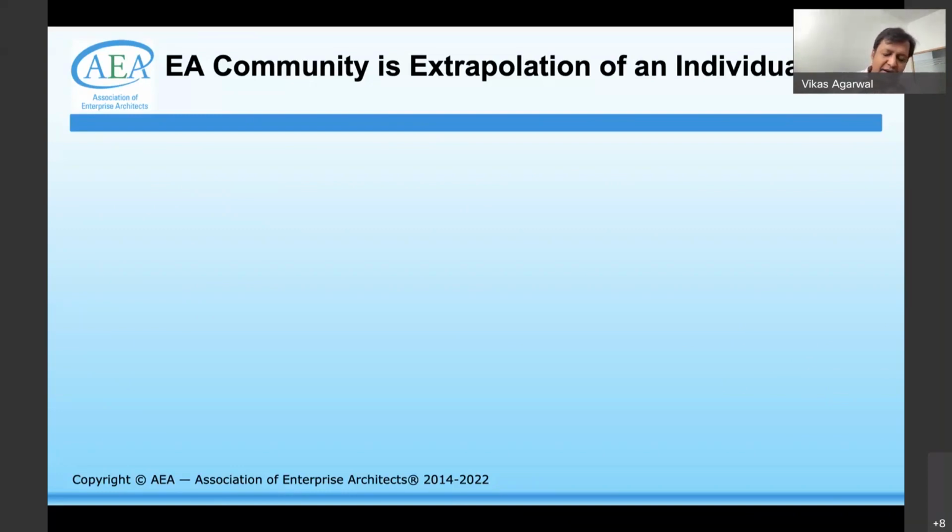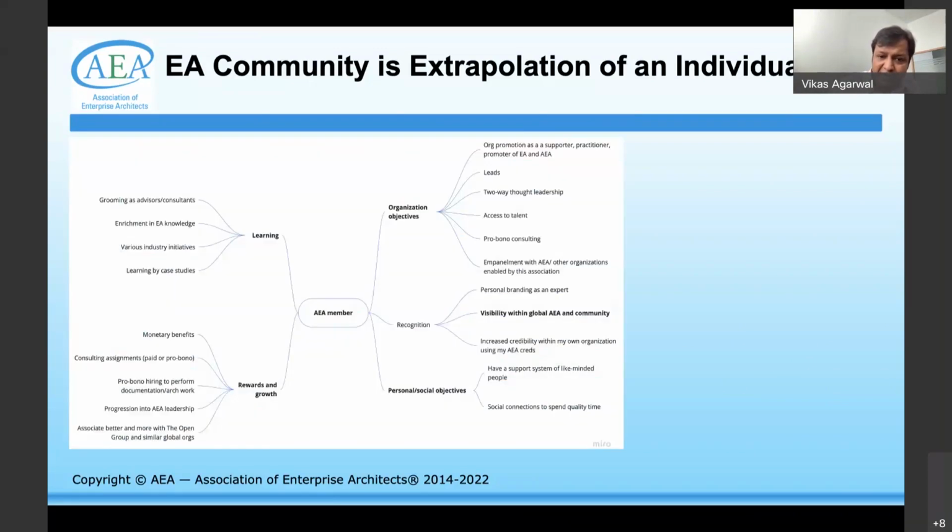To understand that, what we did, like I said, was conduct several webinars, workshops, focus groups and surveys. We found there were several things that the objectives of an architect revolved around.